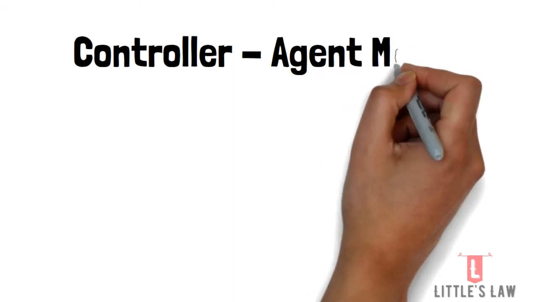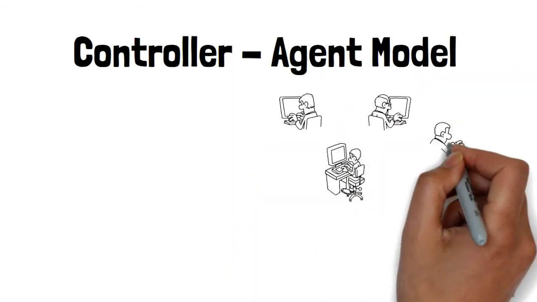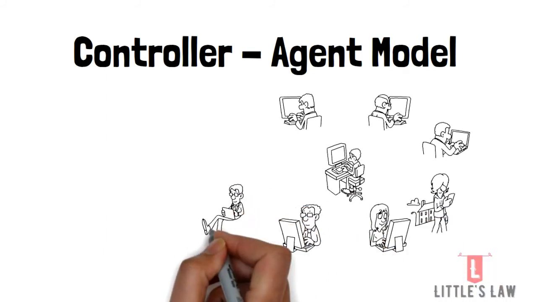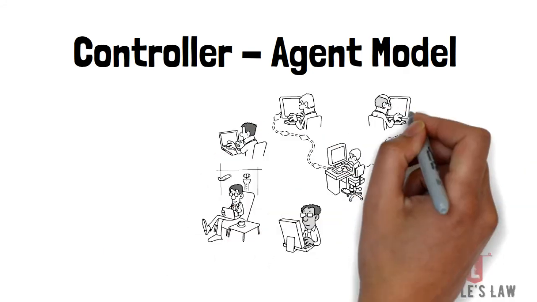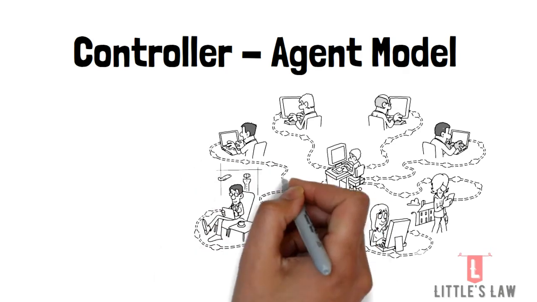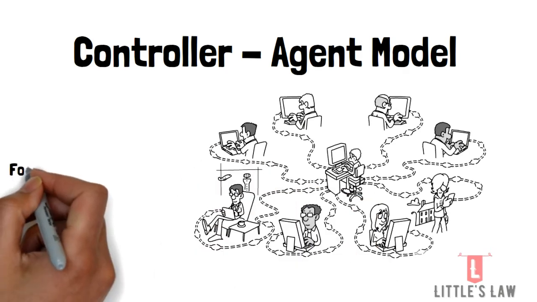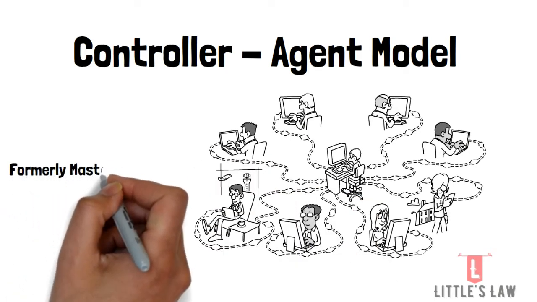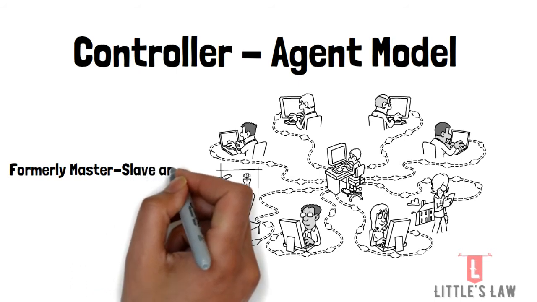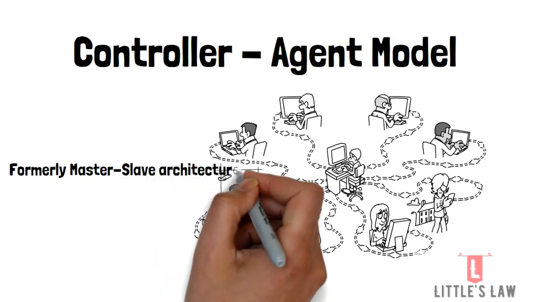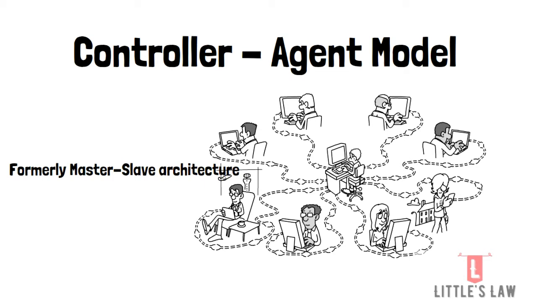Now let's see what the controller agent model is. It was previously known as master-slave architecture, and now the controller agent model is an alternative to the client-server model. One device, which we call the controller device, has unilateral control over one or more agent devices, and this model displays database management system, security and integrity capabilities.